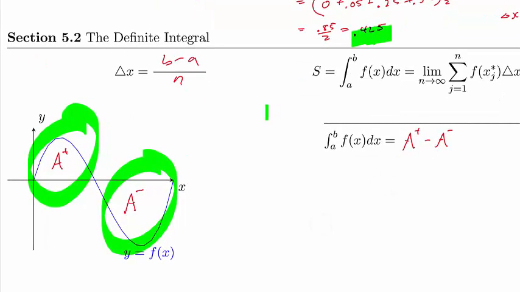All right, so let's go ahead and look at some properties of this setup here. If I have the integral from a to b of f of x dx, and I simply swap the bounds, instead of going from a to b, I go from b to a, and everything else is the same, they don't necessarily equal each other.